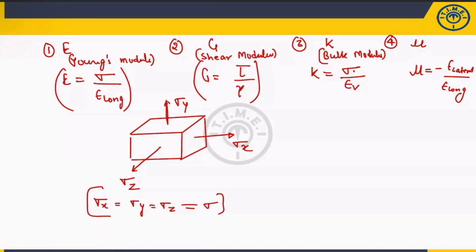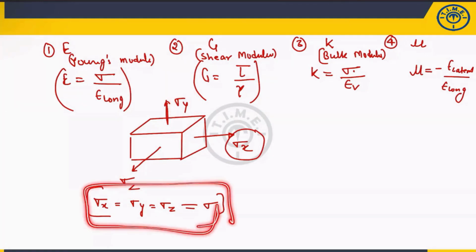The best example is if you take a steel ball and dip it in water. From all sides, the compressive force, which is nothing but the pressure, will be the same. That is the meaning of hydrostatic. Hydro means water, static means at rest. So if sigma x, sigma y and sigma z are given the same, then it is called a hydrostatic stress condition.